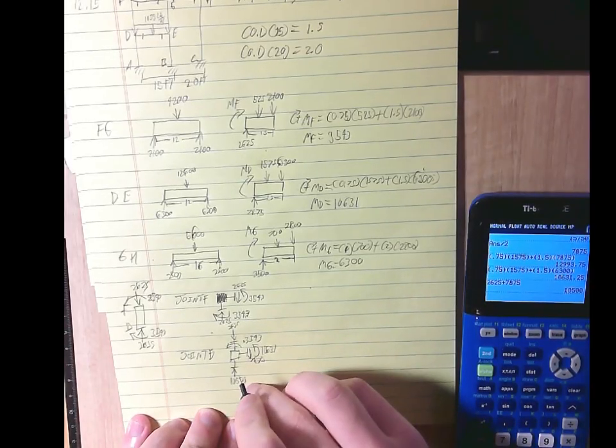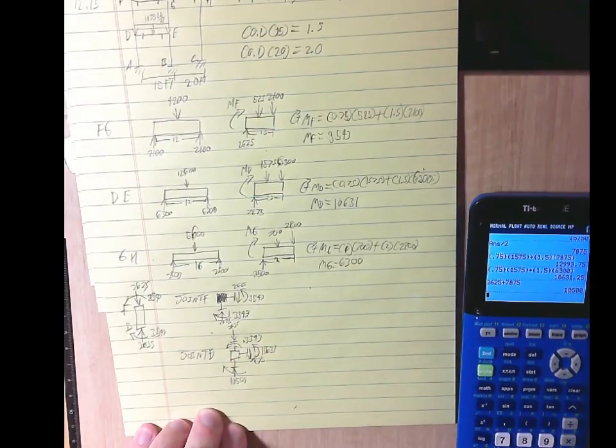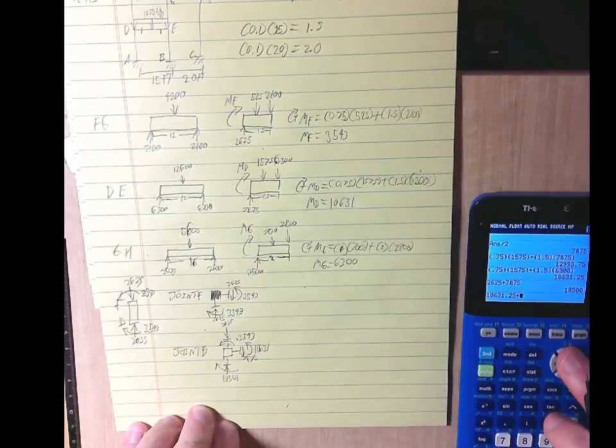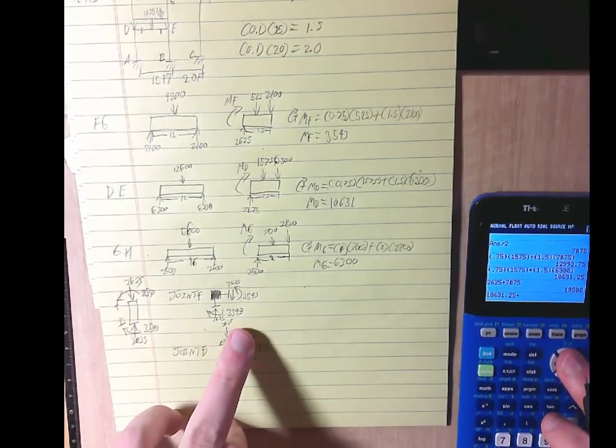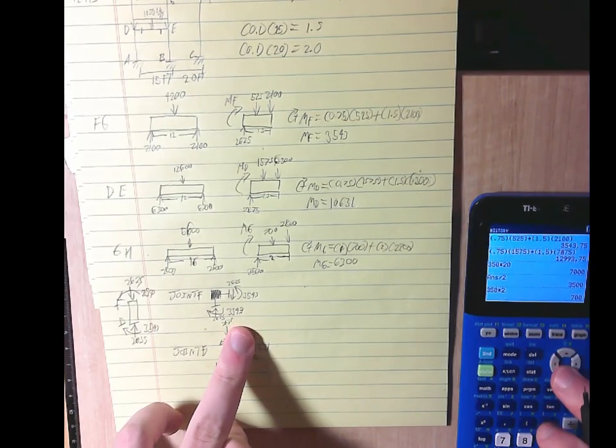And for the moment, since these are both going this way, it's going to go counterclockwise like that. And it's going to be this 1061 plus, what's that, 35? Where did we get that 35 from? Up here? 35, 43.